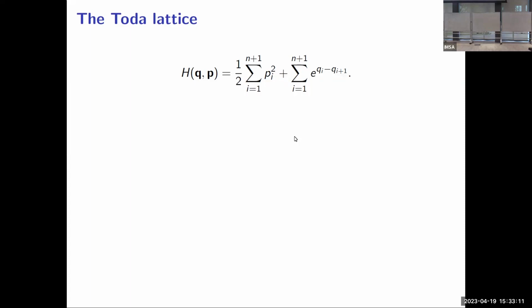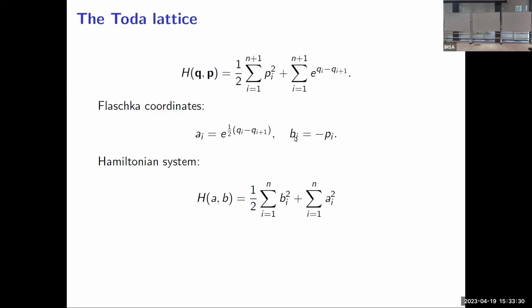Okay, so let's continue. Then Flaschka had the idea of looking at this and changing coordinates in a kind of interesting way. This is not a diffeomorphism, but this will change coordinates and transform this Hamiltonian into something quadratic. And then this is the Hamiltonian system that we obtain. And a little caveat is that this transformation is not a diffeomorphism, much less a symplectic one.